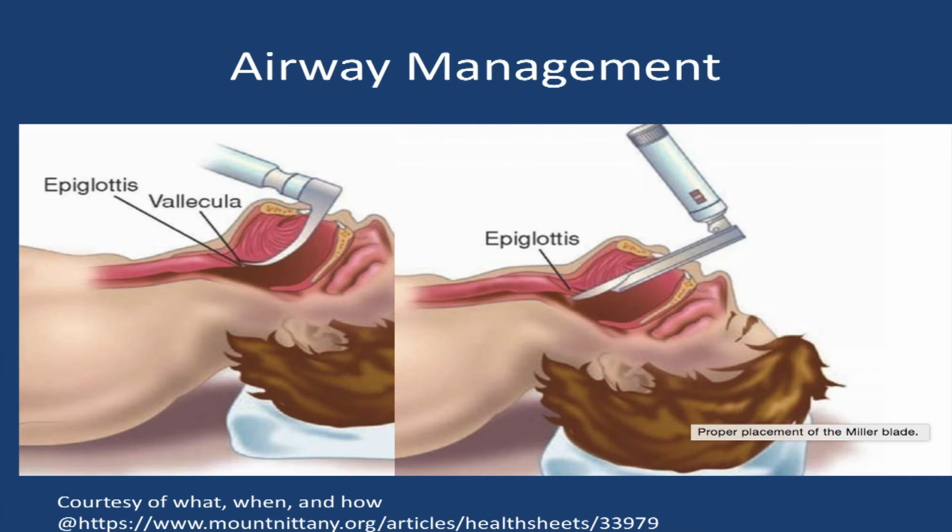These two laryngoscopes, the left one a Macintosh and the right one a Miller, show us how to displace the tongue, visualize the glottis, and insert the endotracheal tube. The endotracheal tube, of course, is sized.